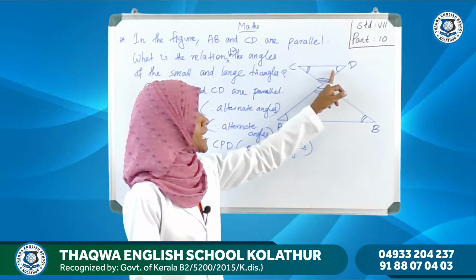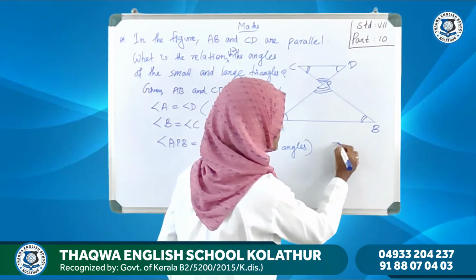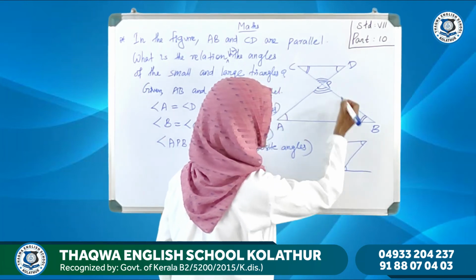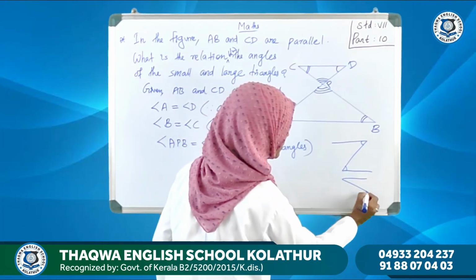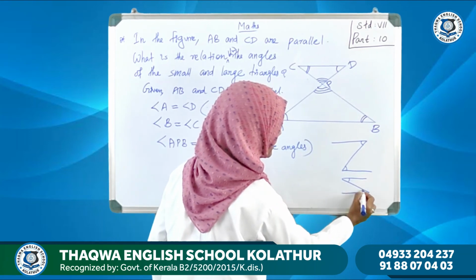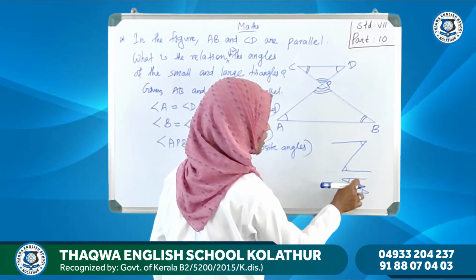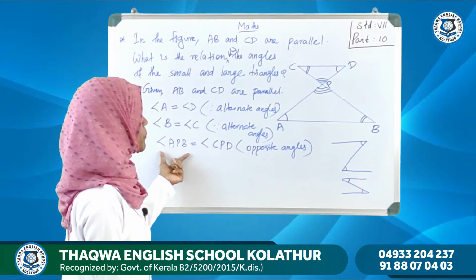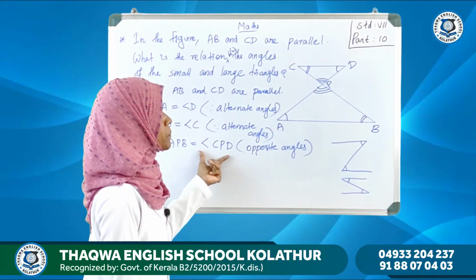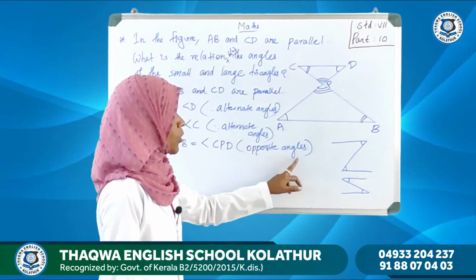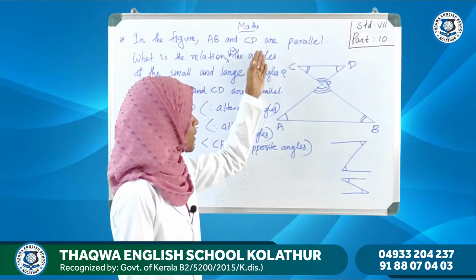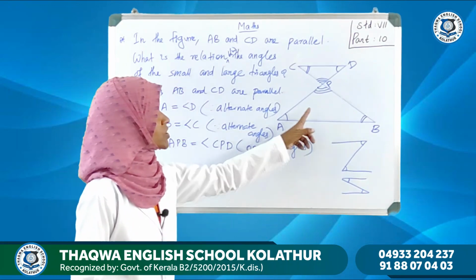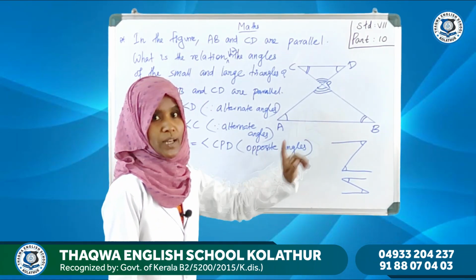Angle A equals angle D. Next, C and B. These are the alternate angles. Next, angle APB equals angle CPD. They are the opposite angles. So from this we can say that the angles of both the triangles are equal.